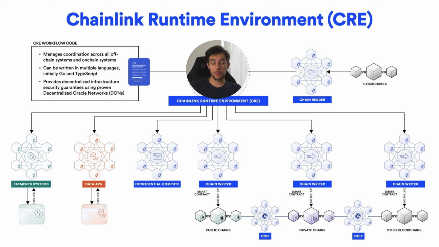CRE eliminates that problem by providing a unified development environment that enables developers to use Chainlink services and resources across any chain. This flexibility is transformative for Web3 because it removes the barriers for developers who want to work across multiple chains. Essentially, CRE allows developers to create workflows that are not limited by the constraints of any single blockchain, opening up endless possibilities for applications that require interoperability across different ecosystems.